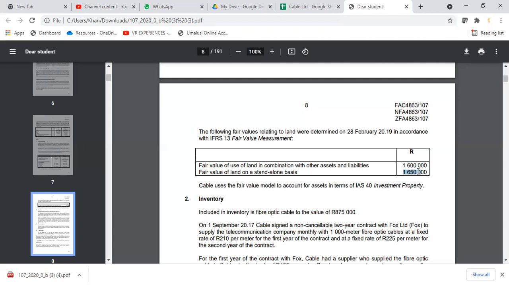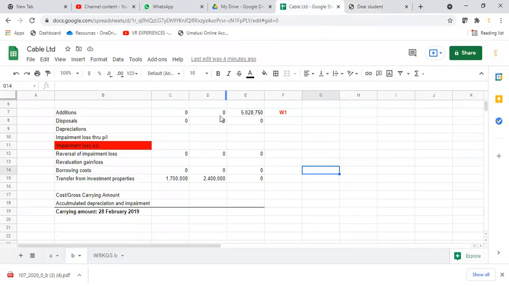When we transferred the land as at 30th June, it was 1.7 million. Now the fair value is 1,650,000 Rand. So you can see there's a decrease in the revaluation, so under revaluation loss we will have 50,000 Rand.